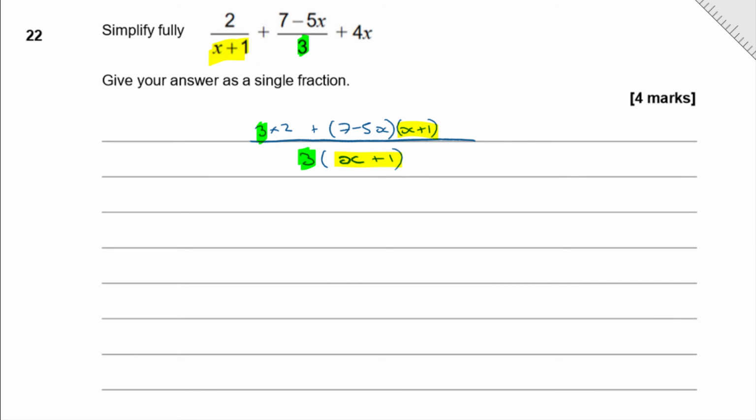And then finally I've got 4x, but that's over 1, and I want to get it over 3 lots of (x + 1), so I need to multiply it through by 3 lots of (x + 1). So I'm going to get 3(x + 1) times 4x.